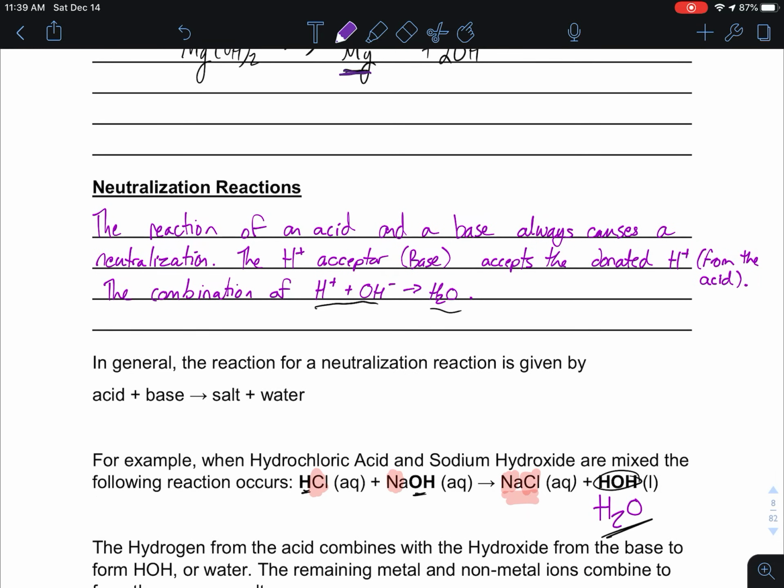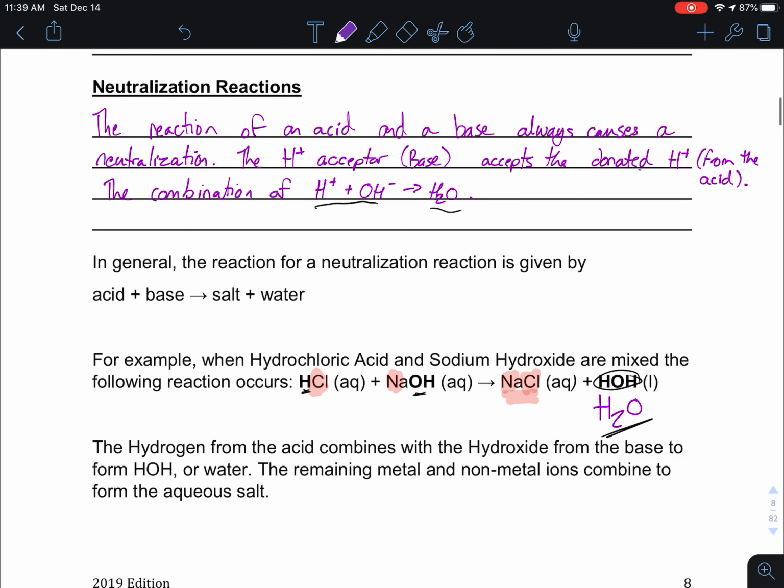The reaction of an acid and a base always causes a neutralization. The proton acceptor accepts the donated proton from the acid, and so this combination produces water. The other parts of the base and the acid are opposite in charge, so they can form a salt. So let's look at this hydrochloric acid.